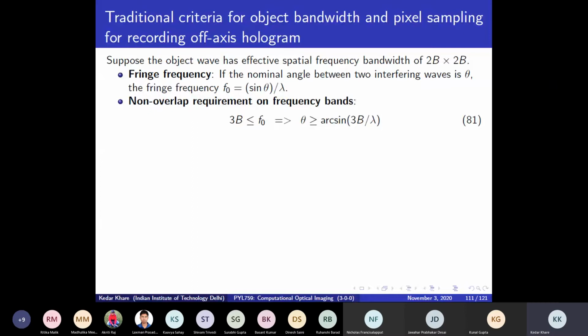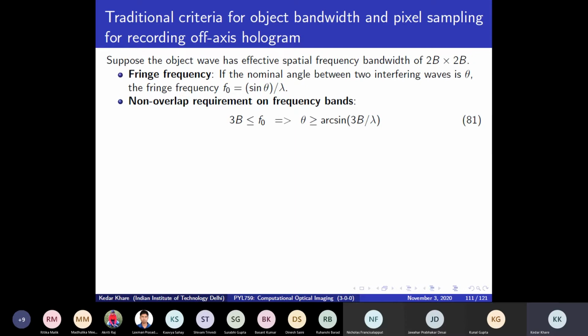That means that the angle between the off-axis plane wave and the nominal object beam has to be more than arc sine of 3b lambda, because f0 is actually sine theta by lambda.